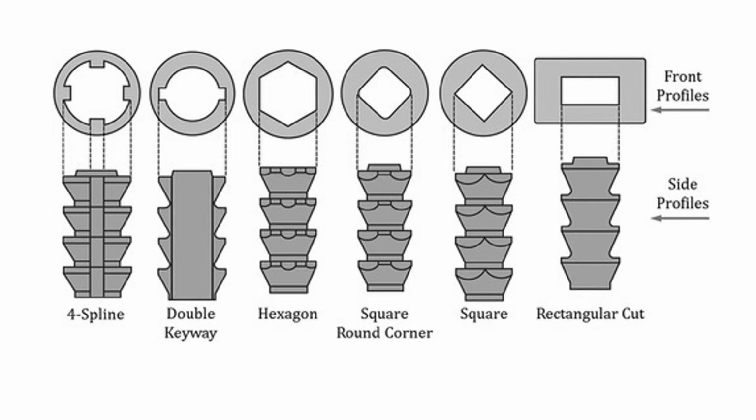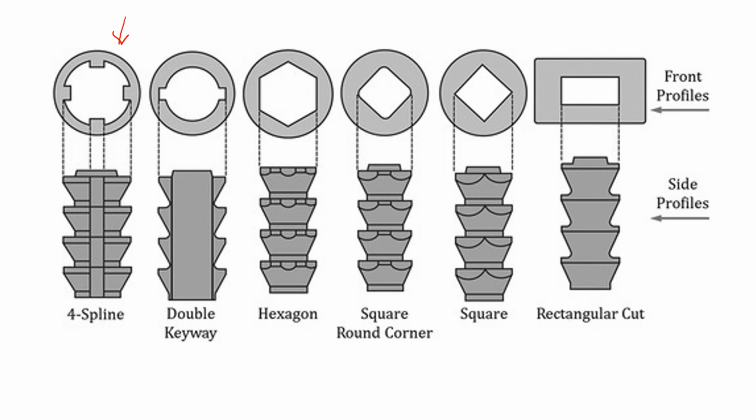This picture shows how the cutting tooth looks like and how the final product looks like after the broaching process. The first one is showing the 4-spline cutting tool, the broach tool, and the top part is how the final product will look like.